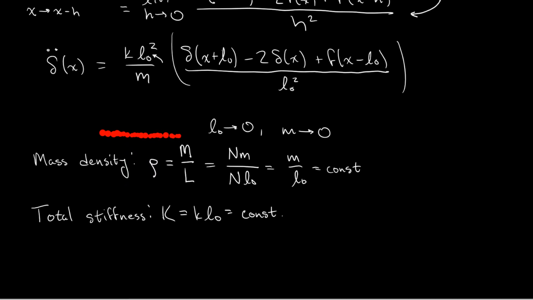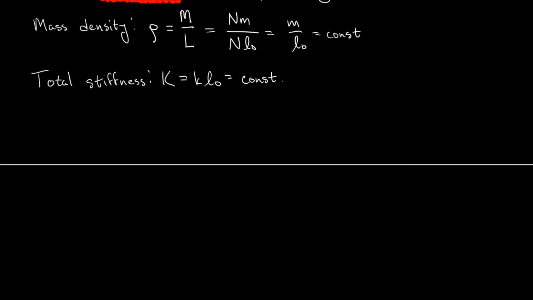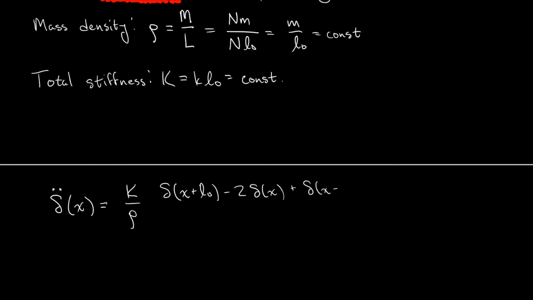I'm going to write this on a new page, because my equation of motion simplifies to k over rho times this, delta x plus L naught minus 2 delta x plus delta x minus L naught divided by L naught squared.